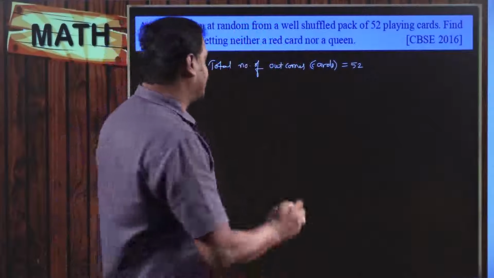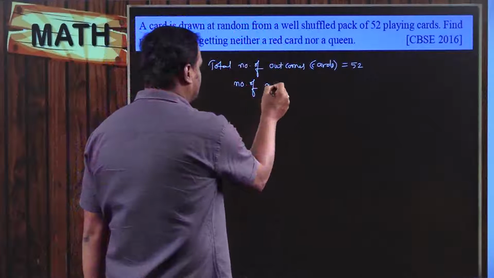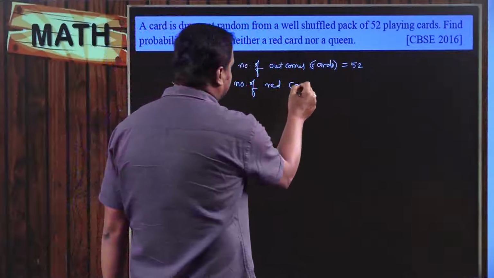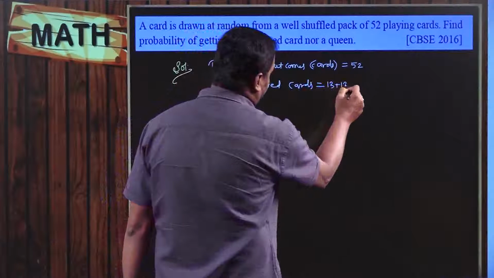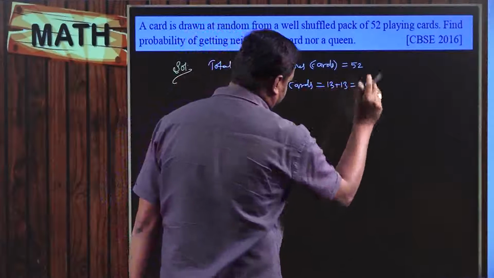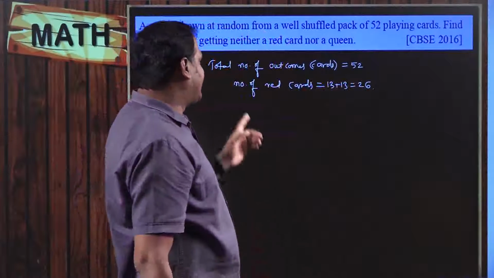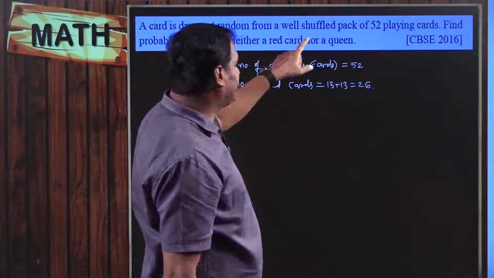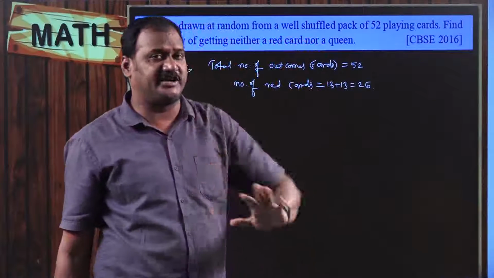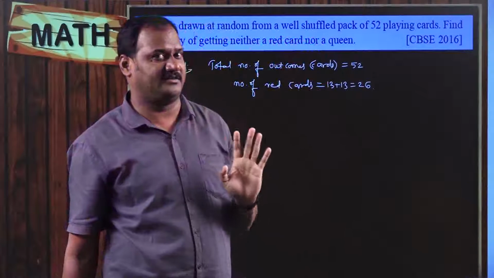Neither a red card. So how many red cards are there? The number of red cards is 13 plus 13, which is equal to 26 red cards. It should not be a red card, so absolutely, it should be a black card.